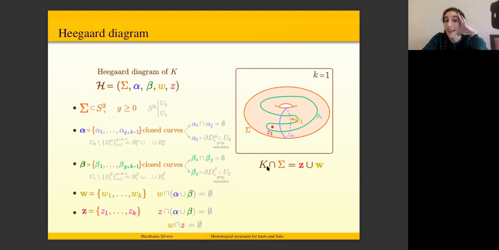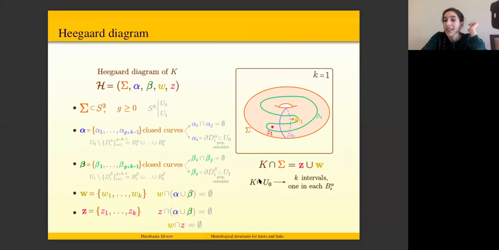I'm telling you that this is a Heegaard diagram of a knot, but what should happen with the knot once you associate to it a Heegaard diagram? The knot intersects the surface just in the Z and W points, so in this case, just in Z1 and W1.